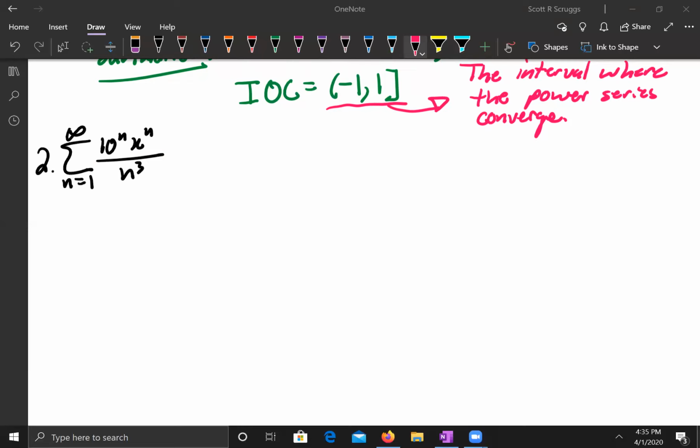Not equal, but less than. Because remember, for the radius of convergence, if you're using the root or ratio test, you're using the fact that L is less than 1.